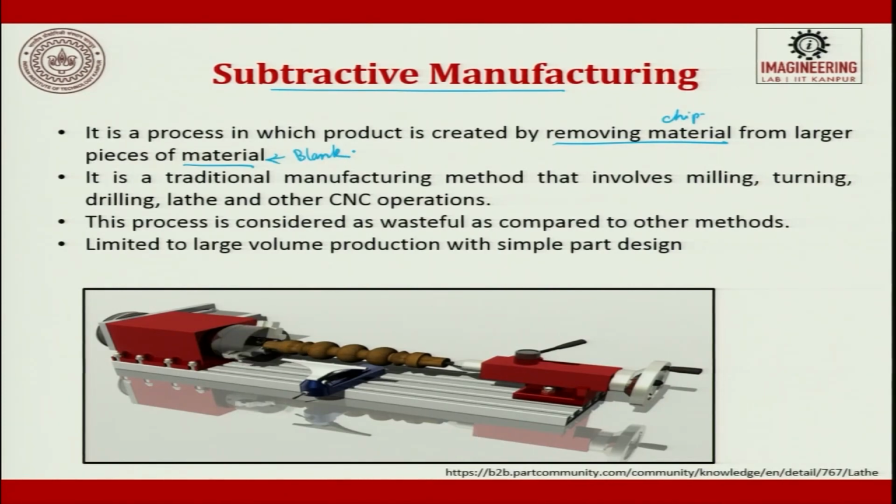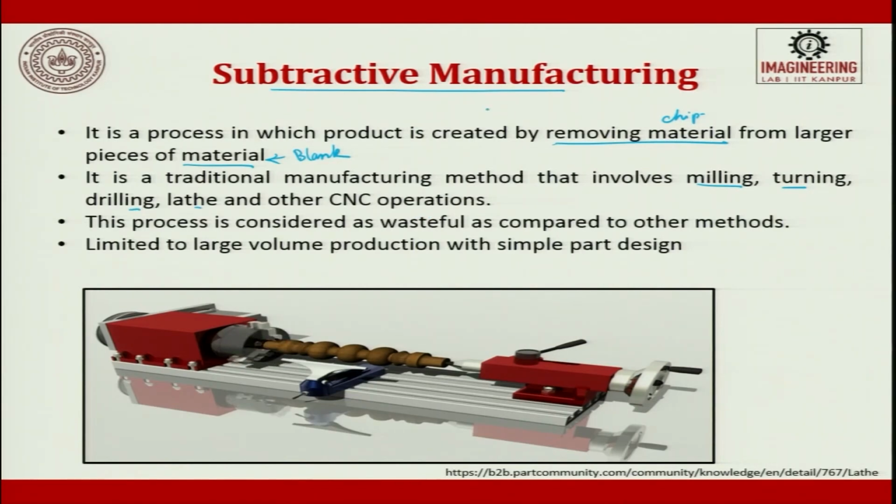This is the most exhaustively used, even today highly appreciated manufacturing technique which can help you towards mass customization. But this also depends on buying a capital intensive machine for making the product. It is a traditional manufacturing method that involves milling, turning, drilling, lathe and other CNC operations.